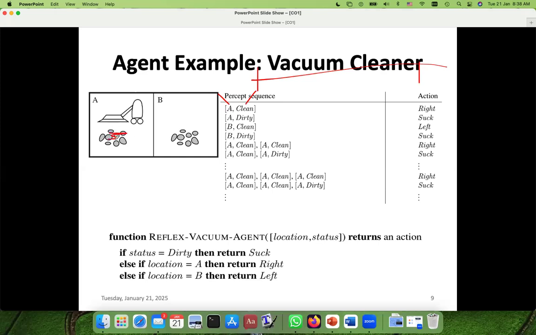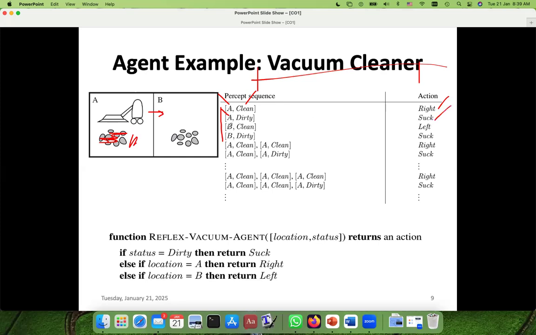If the location is A and there is no dirt in it, what will happen? The action is to move towards right. You have to write these entries in the table. Similarly, if the location is A and the dirt is available there, the action is sucking.